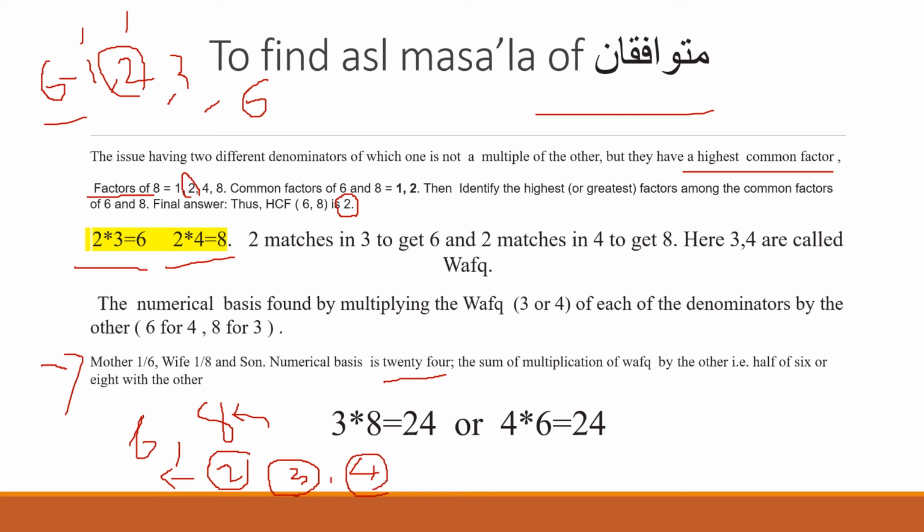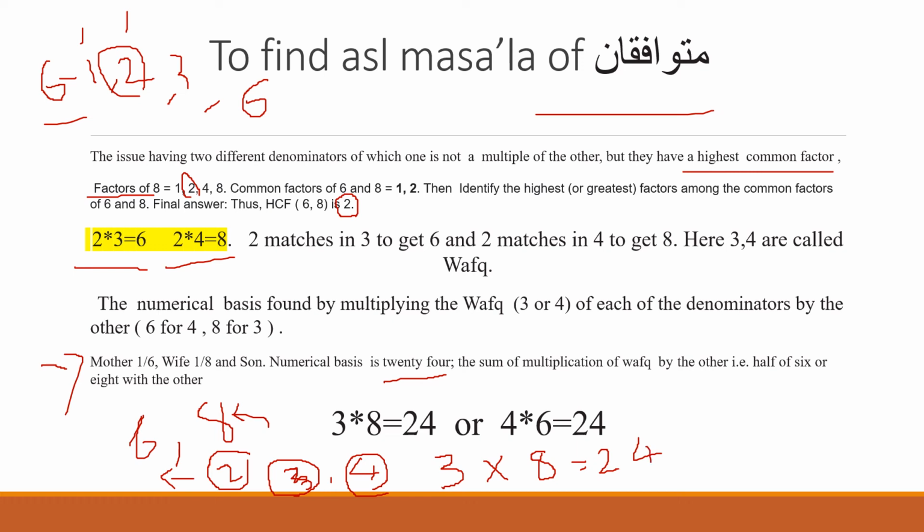So you take any one of these two numbers. Take 3, that is, when we divide 6 by 2, we get 3. So take this 3 and multiply with the second denominator, that is 8, which is equal to 24.